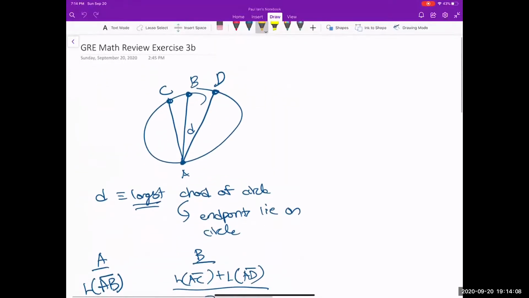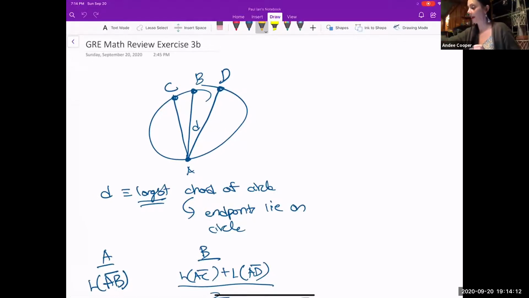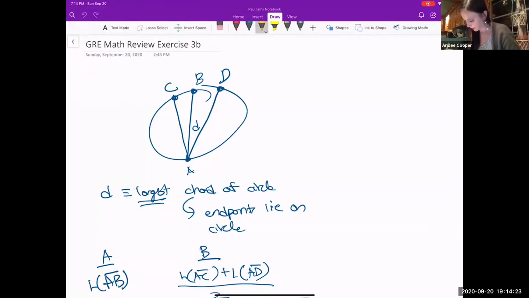All right, this one isn't bad, but it's a geometry one. I haven't tried any of them, so this is a good place for me to start. I'll let you read it first. So it says AB is a diameter of the circle above.